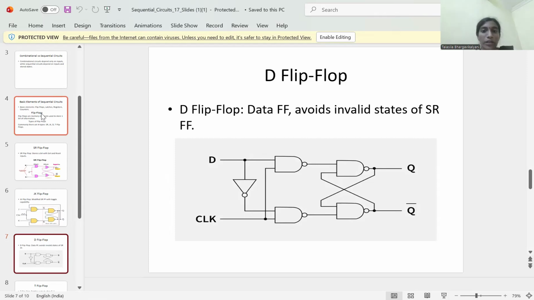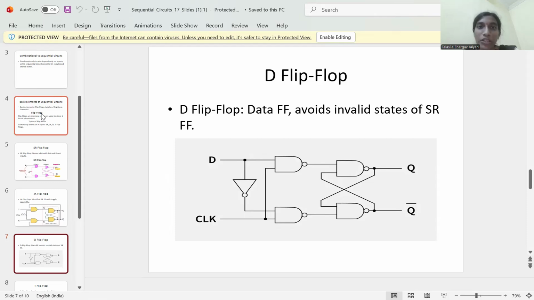Let us talk about the excitation table. Here, we are building a D flip-flop from present state and next state. Here, Qn value is equal to 0 and Qn plus 1 value is equal to 0, then D is equal to 0. If Qn value is equal to 0 and Qn plus 1 value is equal to 1, then D is equal to 1.